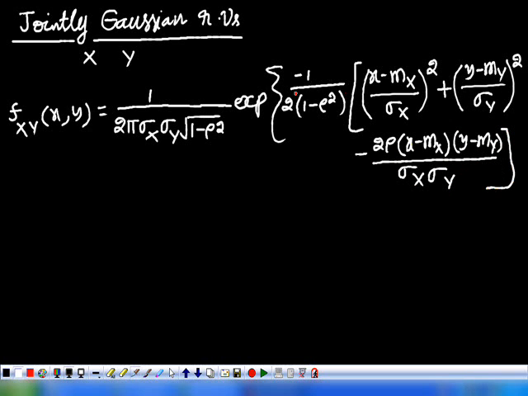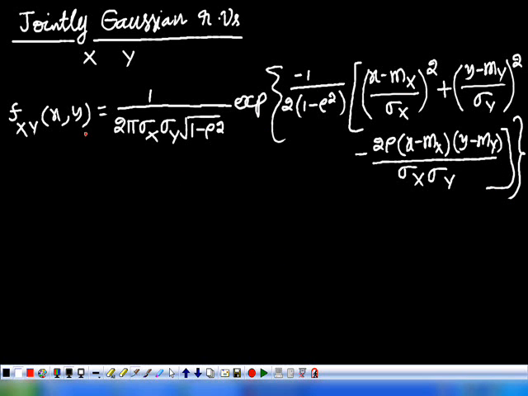See, this factor is multiplied with this, and this, and this entire term is in the exponential, and this is a common factor. So this is a big equation.